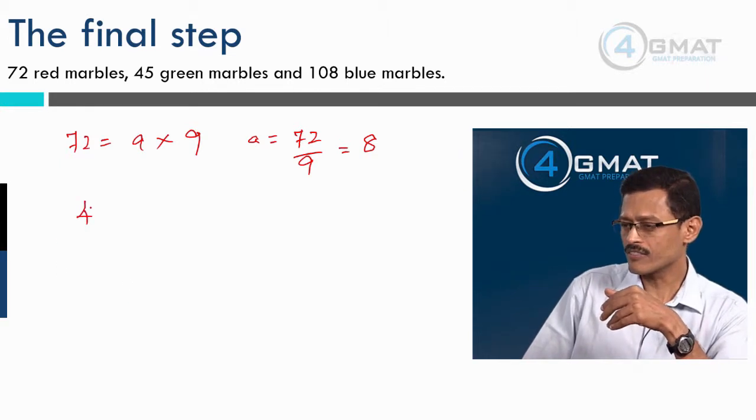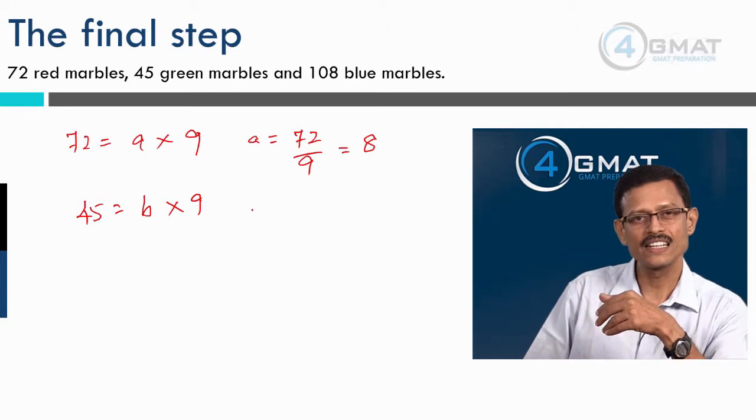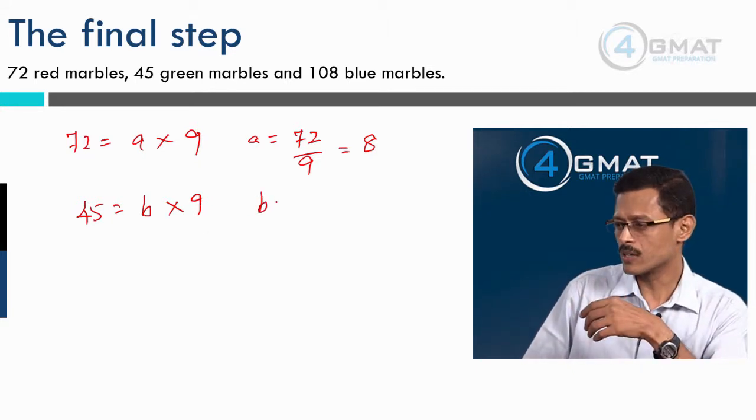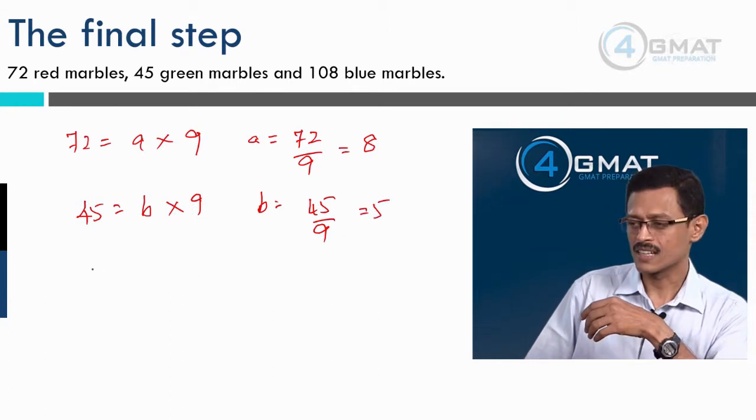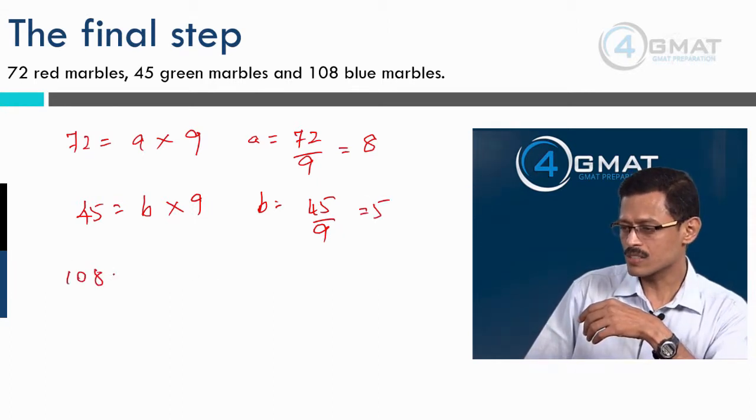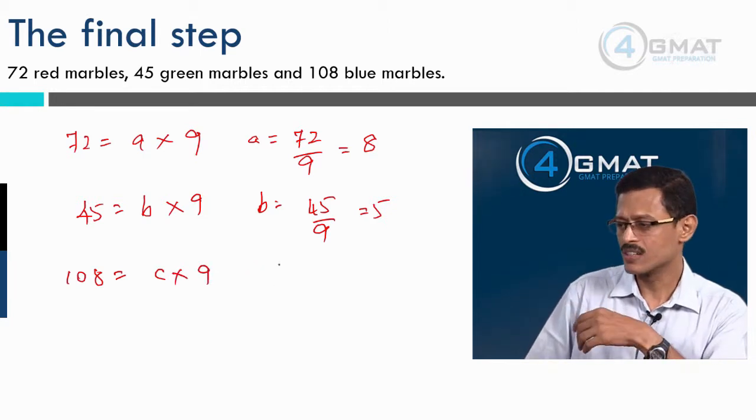Similarly, the 45 green marbles have been packed into B packets containing 9 marbles each. So B is equal to 45 divided by 9, which is equal to 5. The last one, 108 blue marbles have been packed into C packets containing 9 marbles each. So C is equal to 108 divided by 9, which is equal to 12.